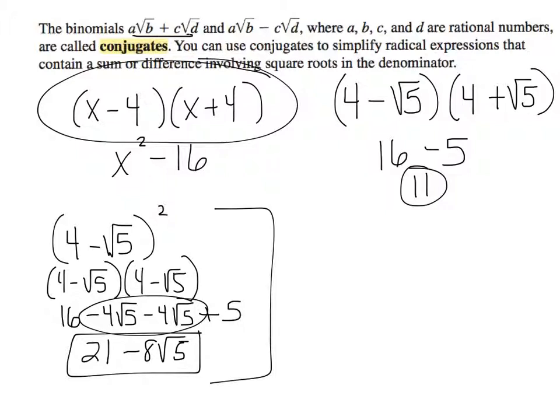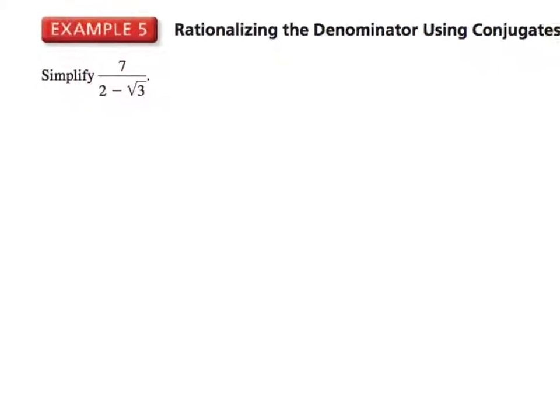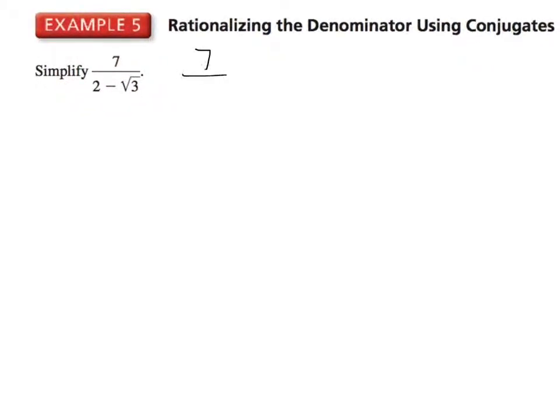Conjugates. Notice this. They are the exact same thing, except one's positive and one's negative. So in this example, we have 7 divided by 2 minus root 3. If you have a binomial, which we do here, you must multiply by its conjugate. The conjugate is taking the same binomial, but doing the opposite.